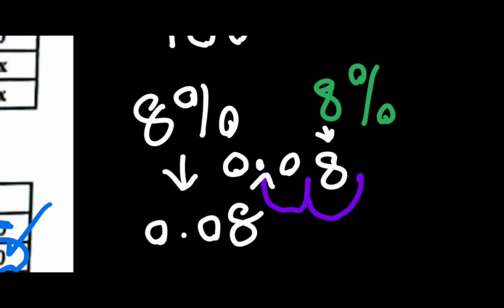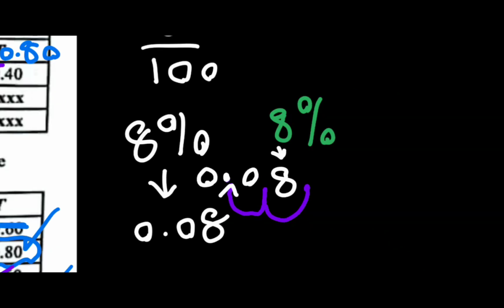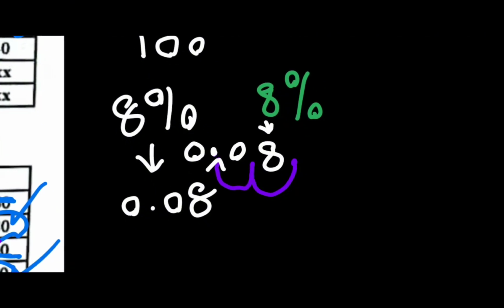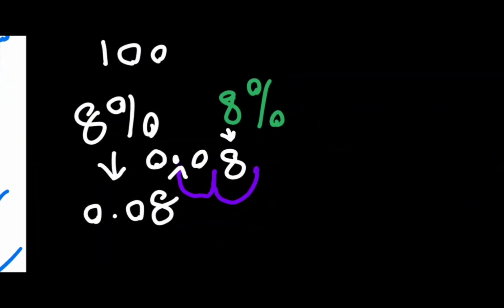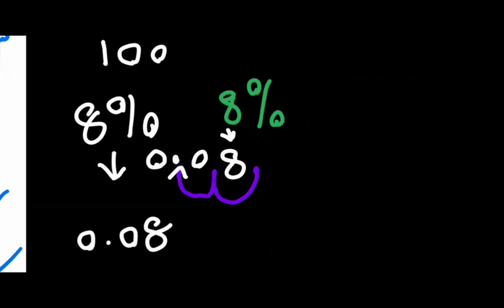And that is how I got the 0.08. So, okay, 8% is 0.08. Now, what can we do with that information? Well, remember, that is 0.08 of $40.40.